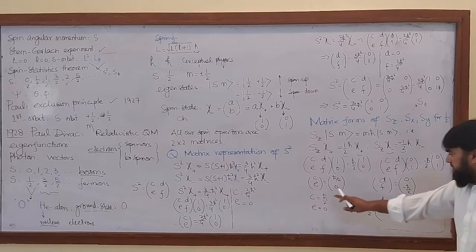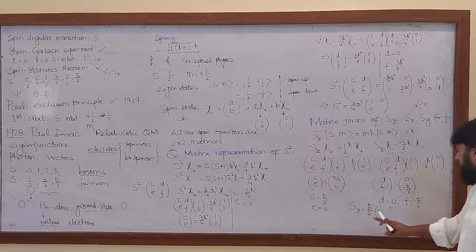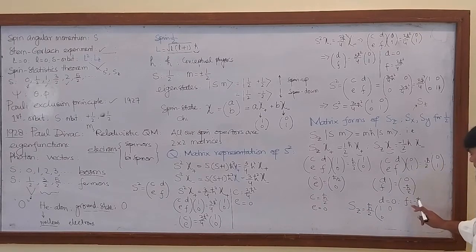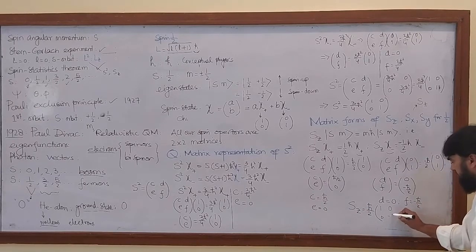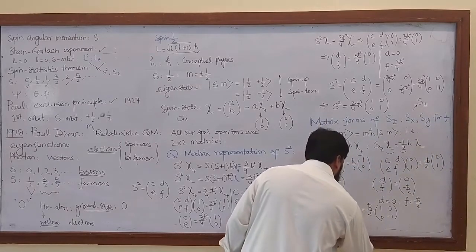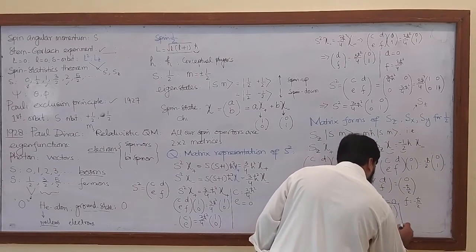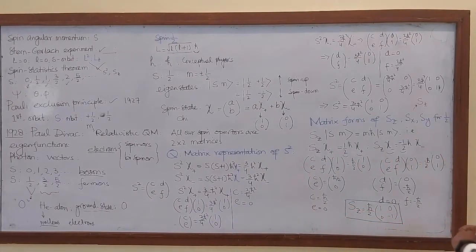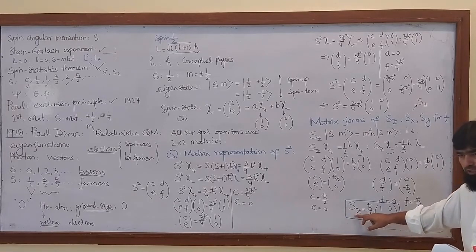While E is equal to 0, so here it is 0, and F is equal to minus 1. So this is the matrix representation of Sz. Got it? The matrix representation of Sz.